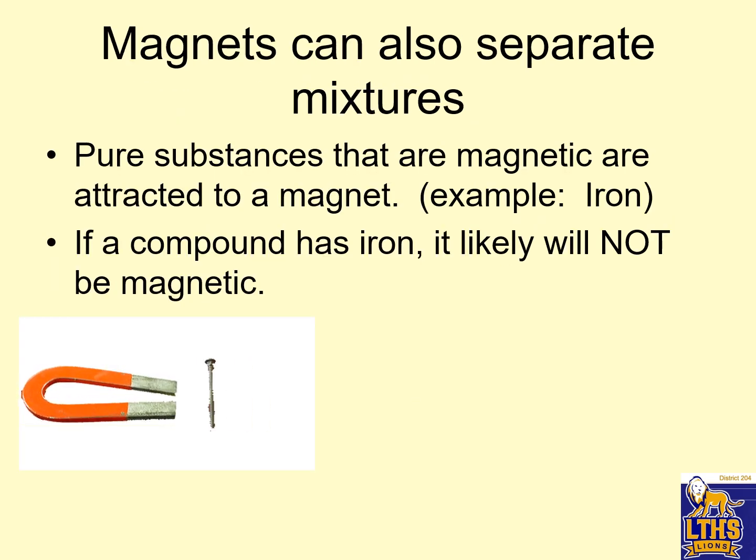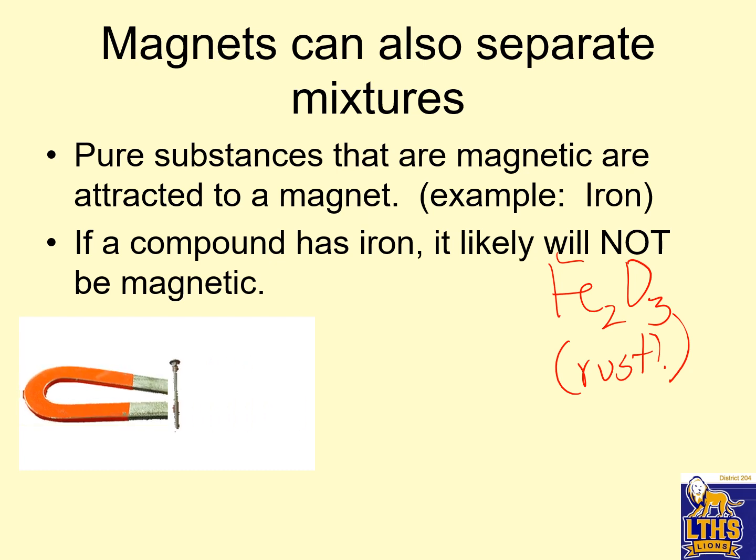So magnets can also separate mixtures. Pure substances that are magnetic are attracted to the magnet. You know about iron? Iron is a pure substance attracted to the magnet. If a compound has iron in it, like iron oxide, also known as rust, it won't attract a magnet, because iron loses its properties when it chemically bonds with oxygen.